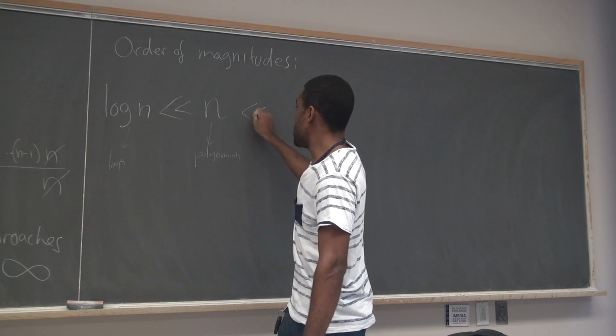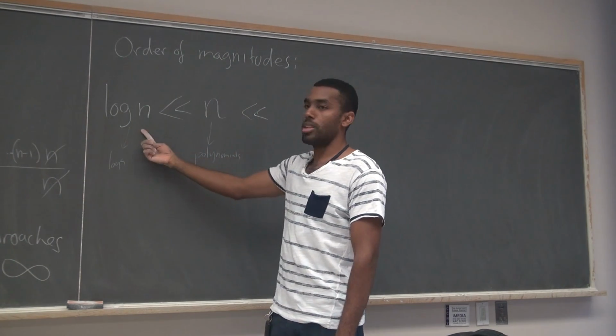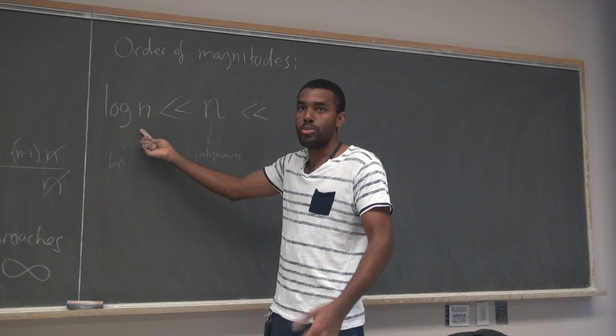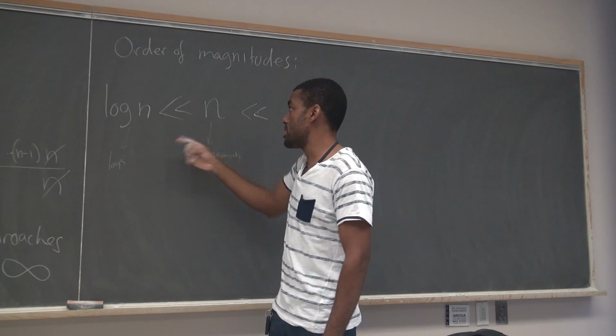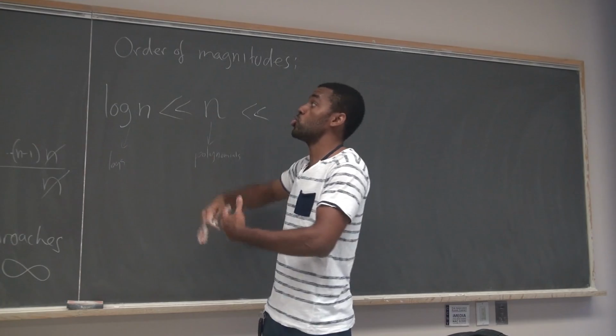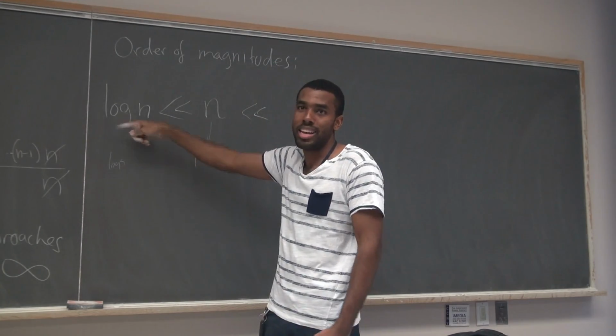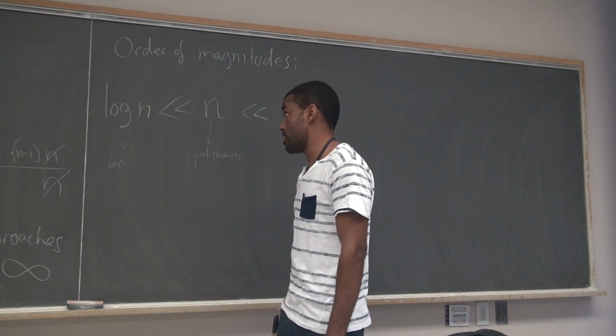So if you ever have a limit where there's a polynomial on top and the log on the bottom and you're going to infinity, it's going to go to infinity. If the polynomial is on the bottom, it's going to go to 0. This symbol means that this guy, when you're going to infinity, gets way huge compared to that guy. He's like nothing.